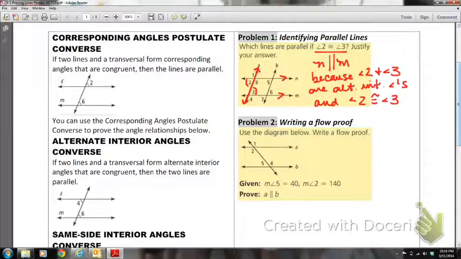So by the alternate interior angles converse is how we can justify this. Alternate interior angles converse. Remember, you only use a converse when you're proving lines are parallel.